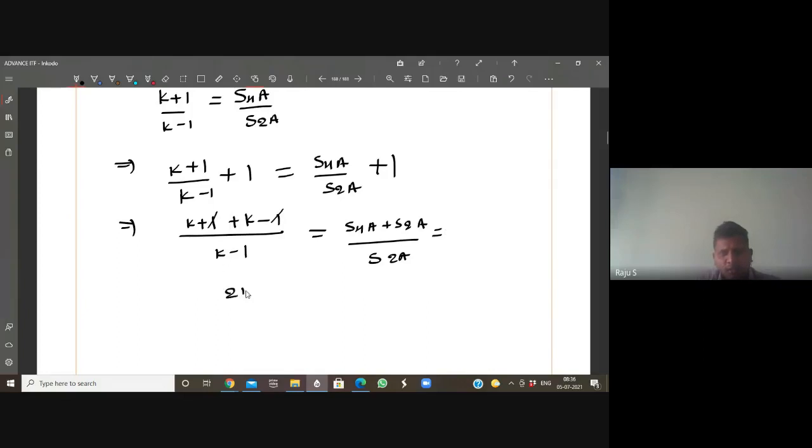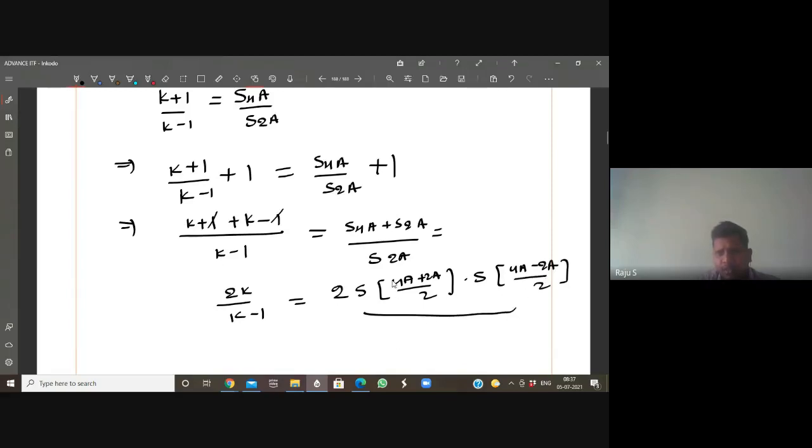Here 2k by k minus 1 is equal to sin C plus sin D, which is 2 sin (C plus D) by 2, that is (4a plus 2a) by 2, cos (C minus D) by 2, that is (4a minus 2a) whole divided by 2. I applied the sin 2a formula, 2 sin a cos a.